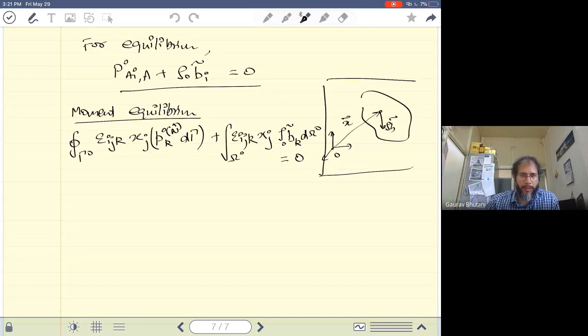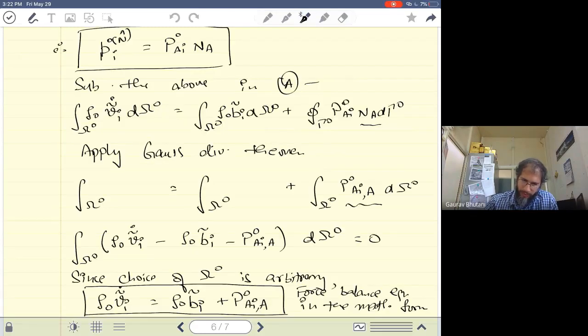Right. Now in the first term, we can replace P naught k n hat with P naught ak nA. So let's see what the relation was. This first equation is what we can use here. So we can replace P naught n hat with capital P naught aI nA.